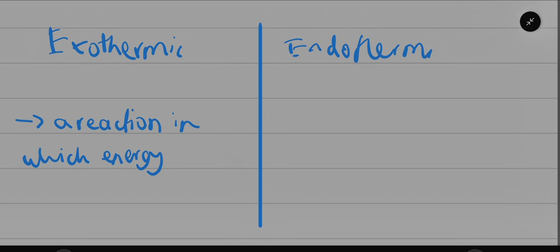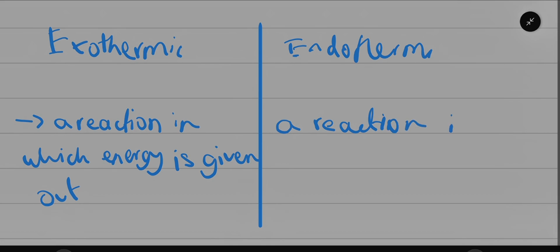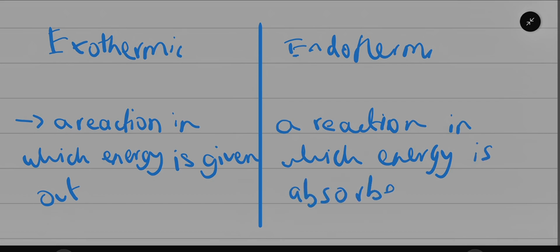So we're just going to go ahead and say that energy is given out. In an endothermic reaction, what did we discuss? We discussed that a reaction in which energy is absorbed.